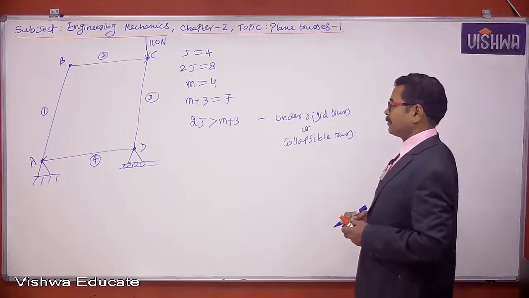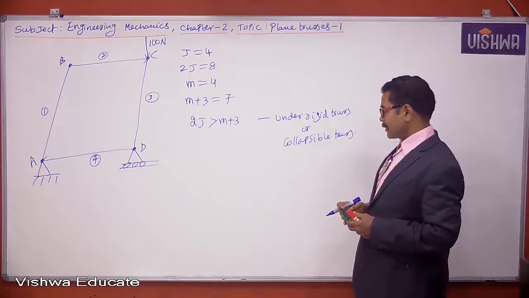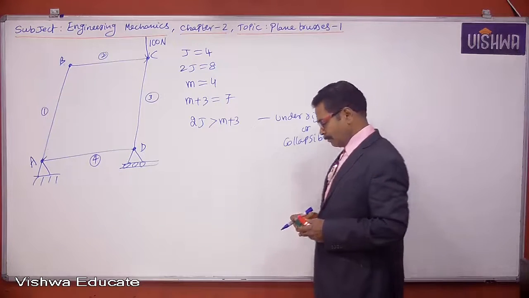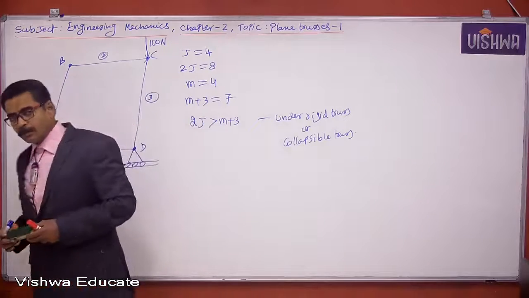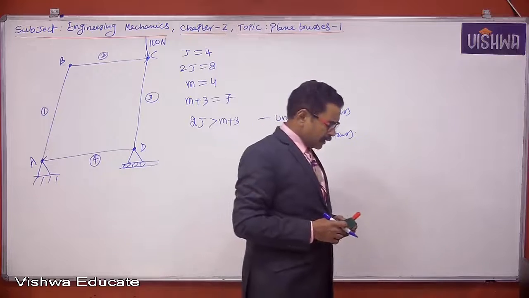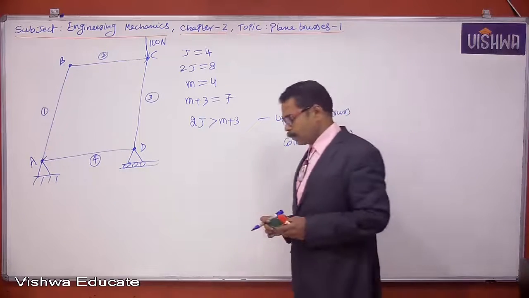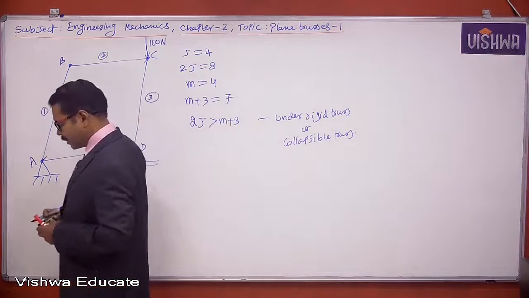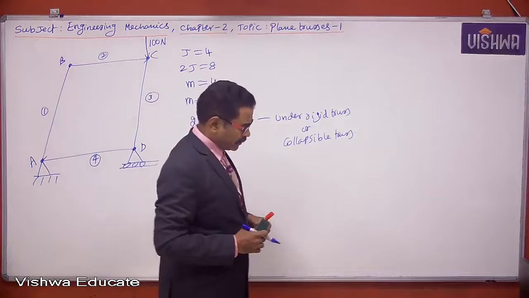So the given truss is an under rigid truss or collapsible truss. Then write this important point: load carried by any member of a collapsible plane truss is 0.